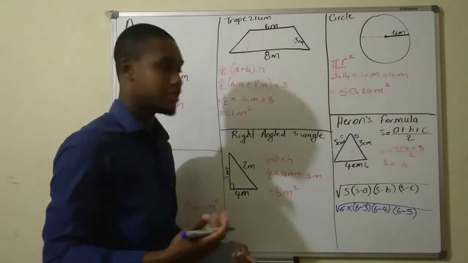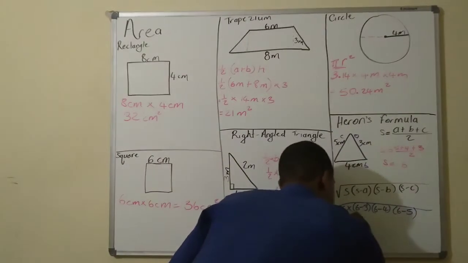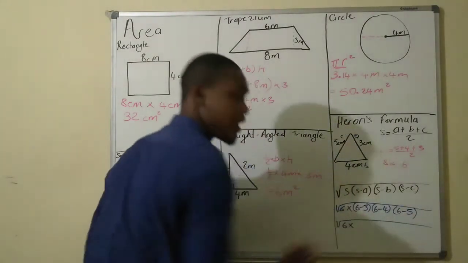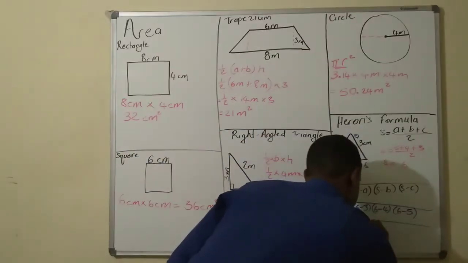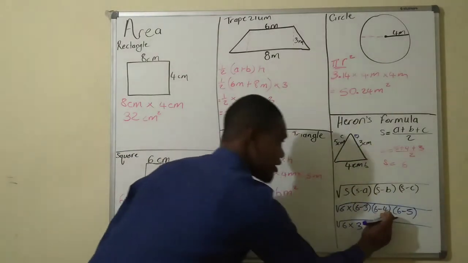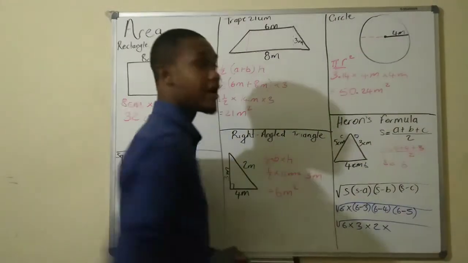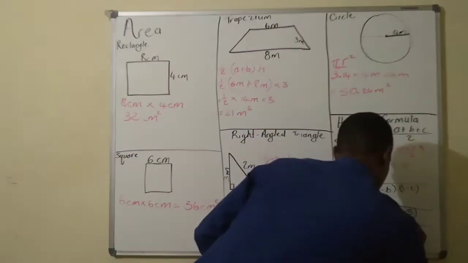And then you work out each individually. So it would be the square root of 6 times 6 minus 3, that's 3, times 6 minus 4 is 2, times 6 minus 5 gives you 1.